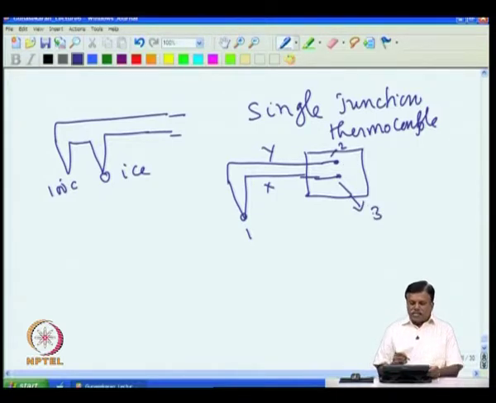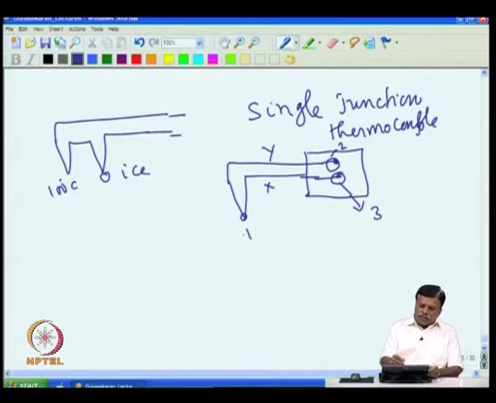But the end result is this: if these two junctions, 2 and 3, are at the same temperature, assume room temperature. I would put a big block in the room and terminate these two wires in this block, with of course a small insulation here, so the insulation is also essentially at the same temperature as this big block.